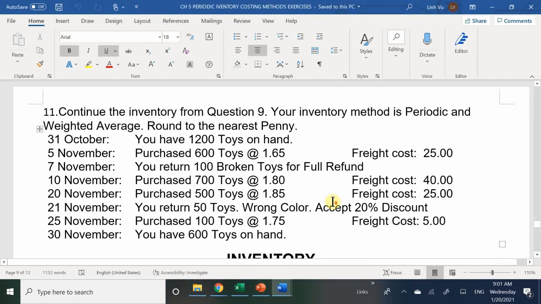Okay. Then on November 10th, we purchased another 700 toys at $1.80. Freight cost $40. So 700 at $1.80.